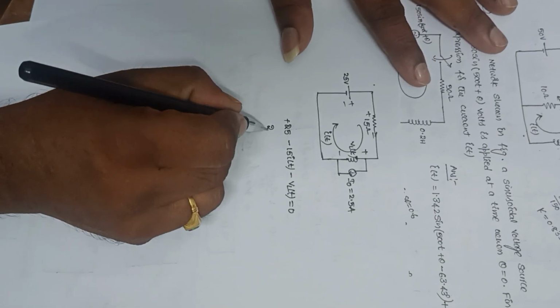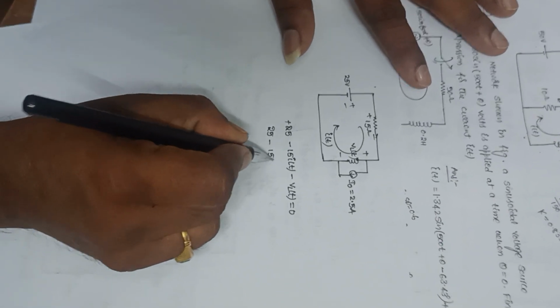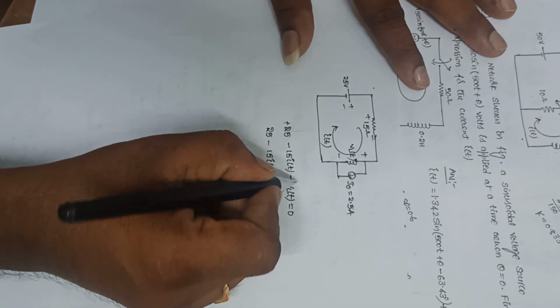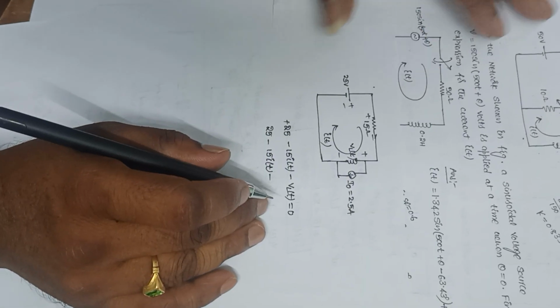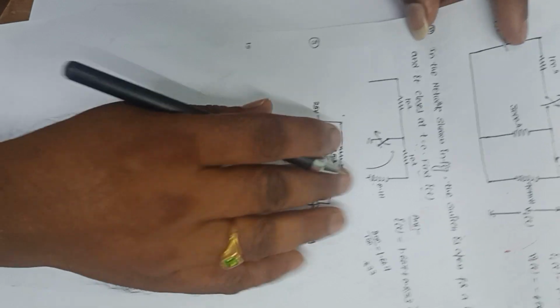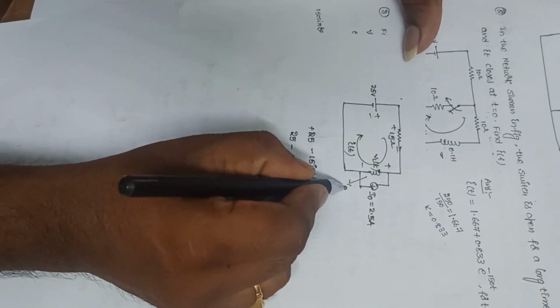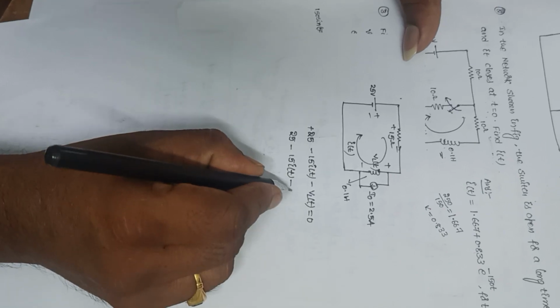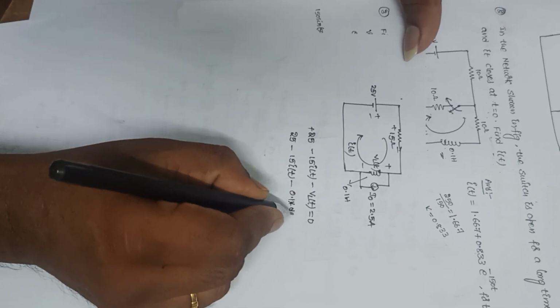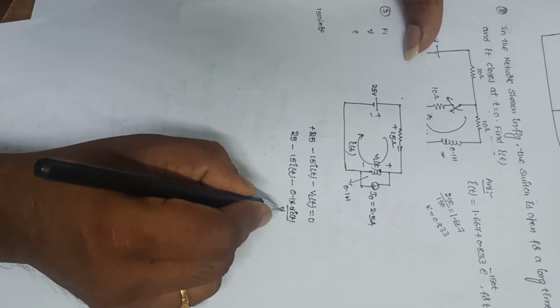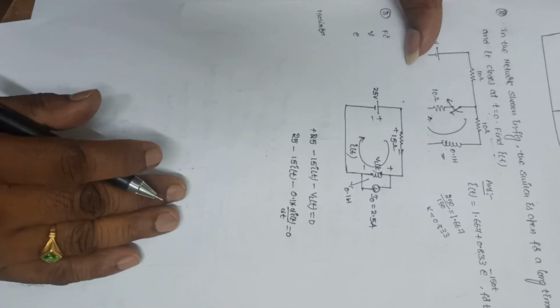Now VL of t is L into di of t by dt. The value of L here is 0.1 Henry. So 25 minus 15 into I of t minus 0.1 into di of t by dt is equal to 0.